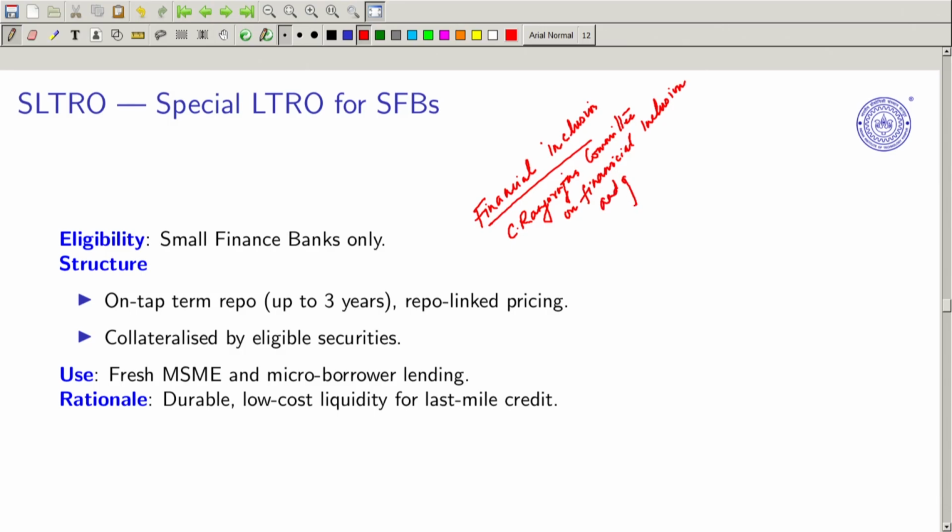But we know that financial inclusion in India back in 2007-8 was one of the areas where the government had maximum emphasis.